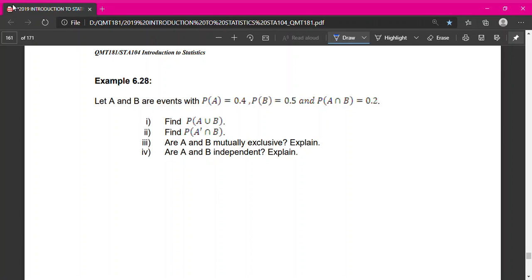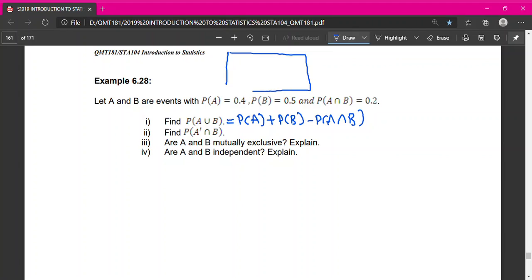Okay, so A union B, kalau kat sini kita nampak ada intersection. So, boleh terus gunakan formula tadi sebenarnya, kan? Kalau ada intersection, maksudnya non-exclusive event, kan? Probability of A plus probability of B minus probability of A intersect B. Right? Tapi kalau kita buat dalam bentuk Venn diagram pun boleh.